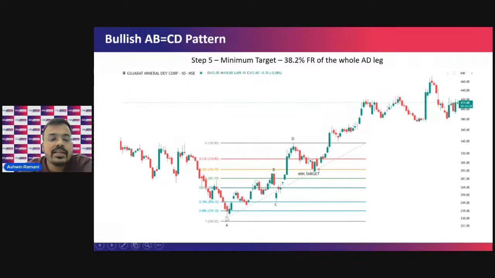स्टेप 1 में हम क्या किए थे, सिर्फ A to B लेग का फिबोनाची रिट्रेसमेंट लगाया था और हमें C पॉइंट ढूंढना था यहाँ पे. अब हम क्या करेंगे, A से D पूरा लेग को हम फिबोनाची रिट्रेसमेंट लगाएंगे और उसका जो 38.2% है, which comes to around 294.